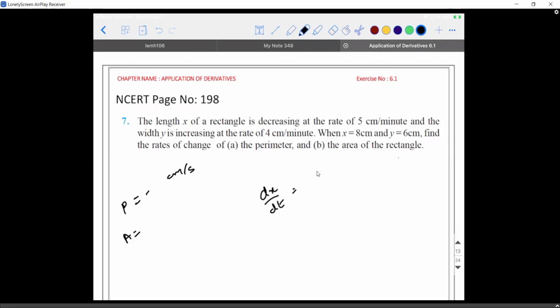Okay, what about the area? dx by dt is minus 5. Sir, I got 2 centimeters square per minute, sir.